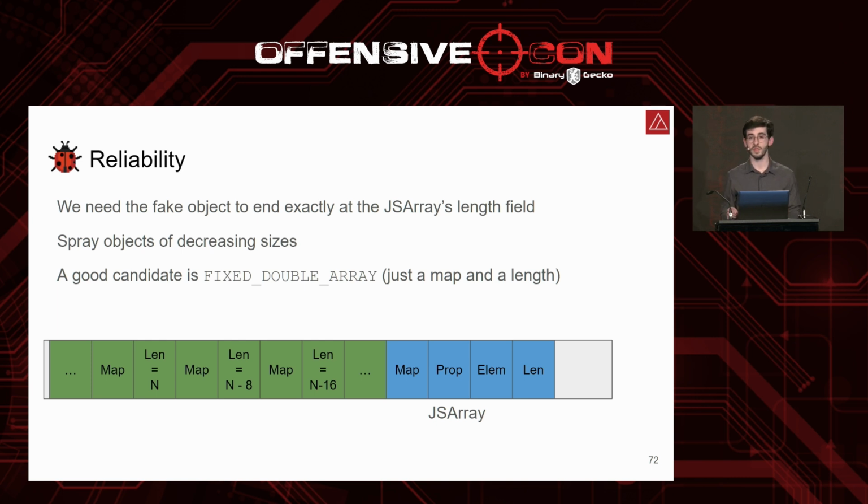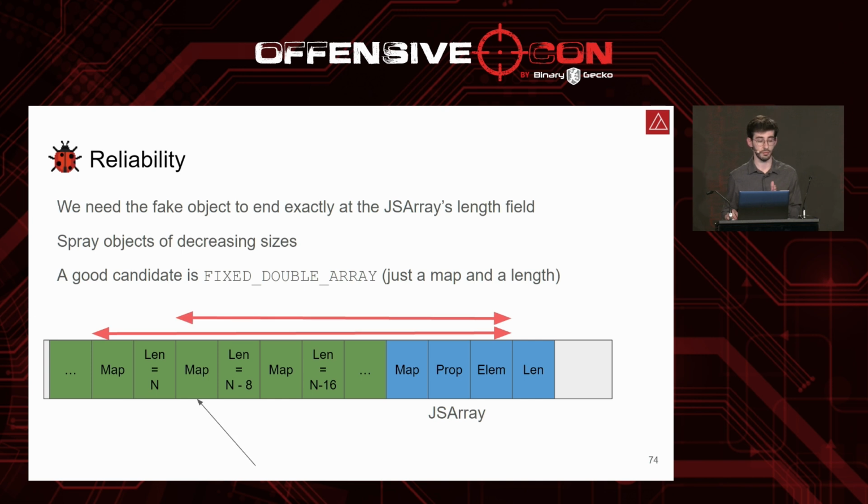Fixed double arrays are convenient because it's just a map and a length, so we can easily control the length of the fake objects. And having this pattern of decreasing sizes means that regardless of the exact alignment of the spray, regardless of where the spill slot ends up pointing in the spray, the object there will always be interpreted to have the right size and end at the target location.